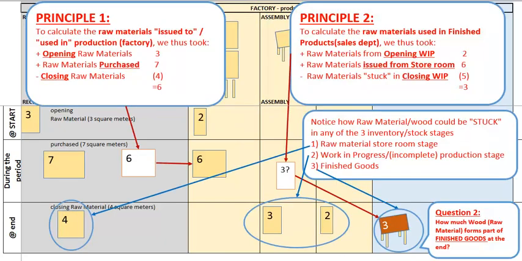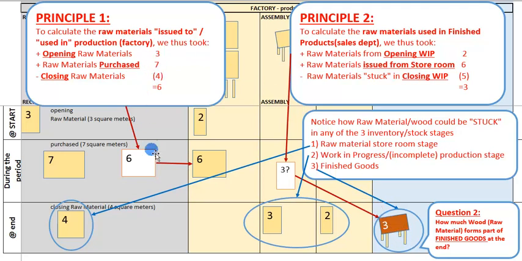Right, so here's just the overall summary again. Just notice how the raw materials or the wood could be stuck in any of the 3 inventory stages. It could be stuck in the raw materials storeroom in the beginning. It could be stuck in the factory, in which case we call it work in progress, or it could be in the finished goods, but it might still not be sold, in which case it's part of my finished goods closing inventory.